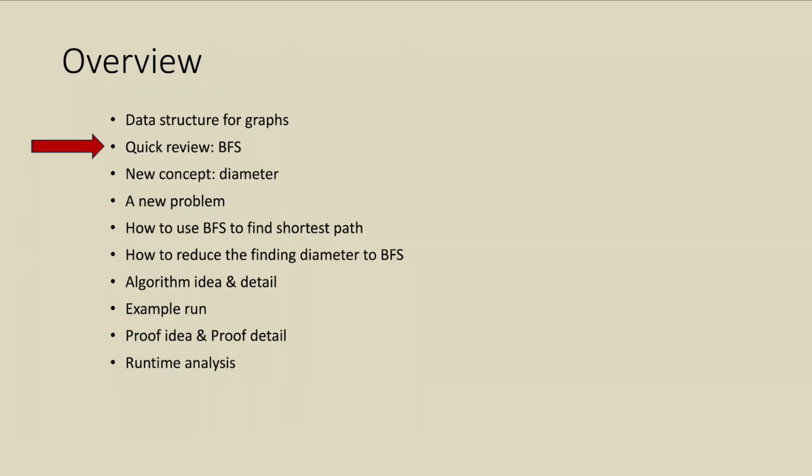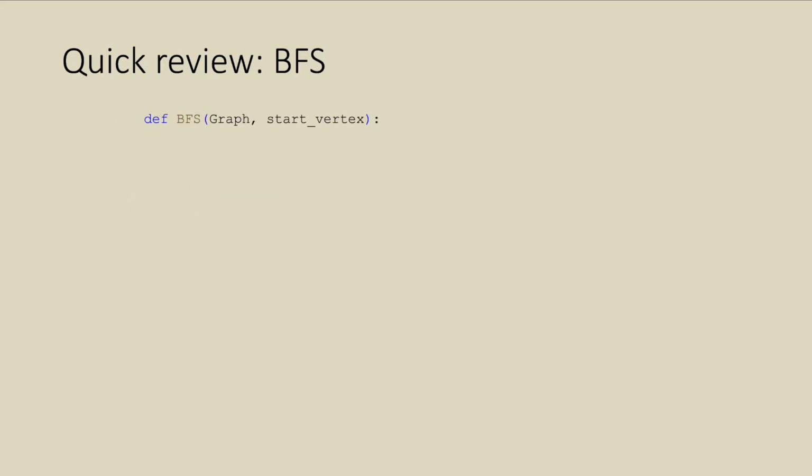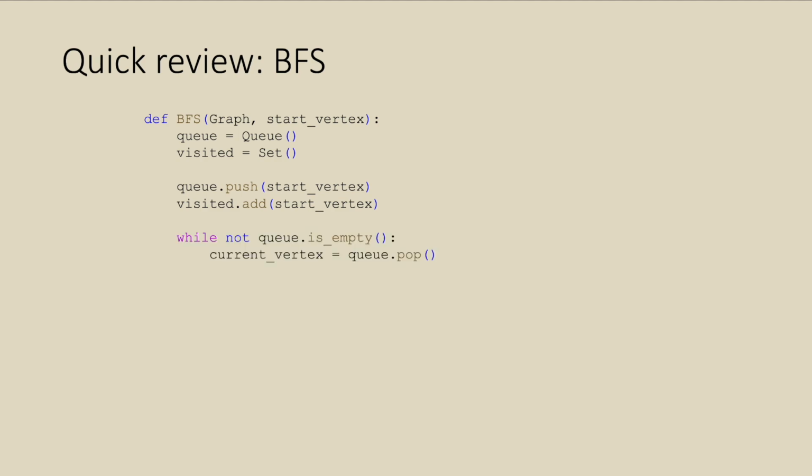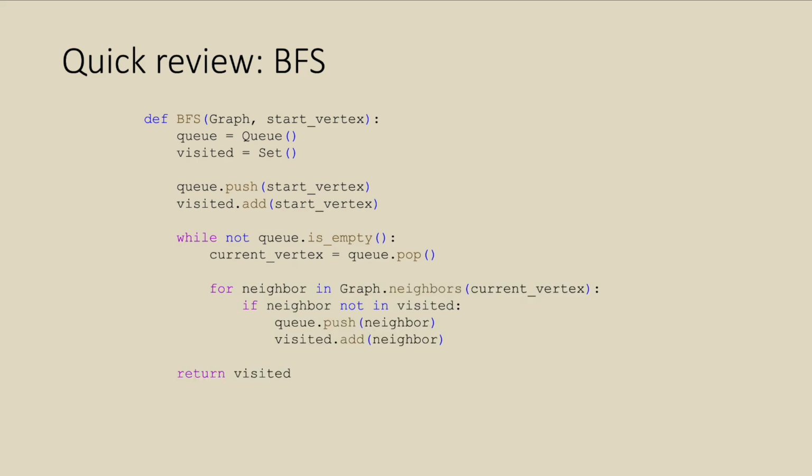Now we are going to do a refresher on the BFS algorithm because we are going to use BFS in our reduction. Given a graph and a start vertex, first, we initialize an empty queue and an empty set. The BFS first visits the start vertex. Then we keep taking the first element out of the queue and mark all unvisited neighbors of this element as visited and add them to the end of the queue until the queue is empty.